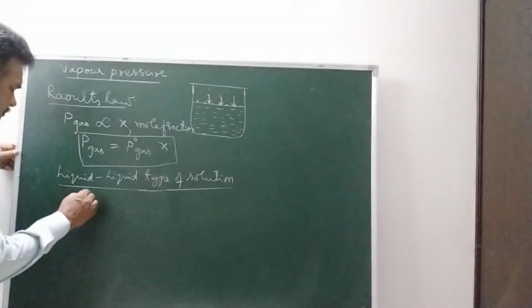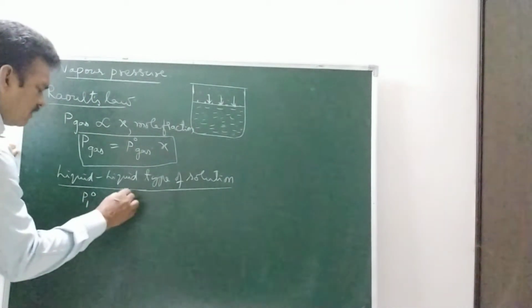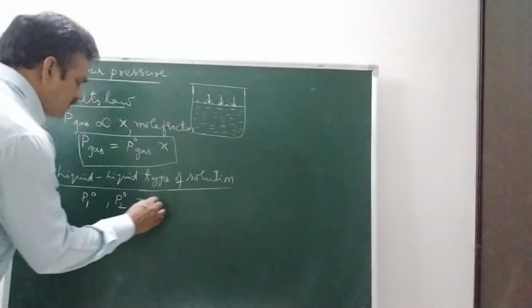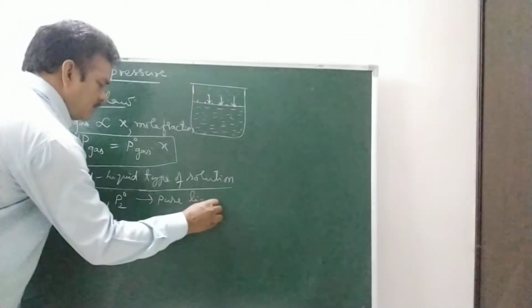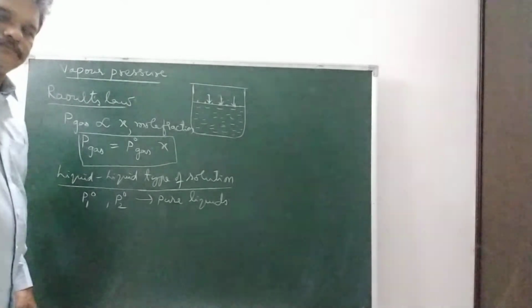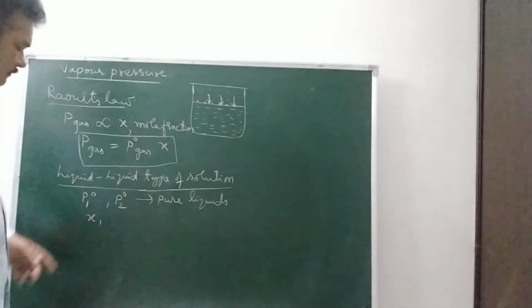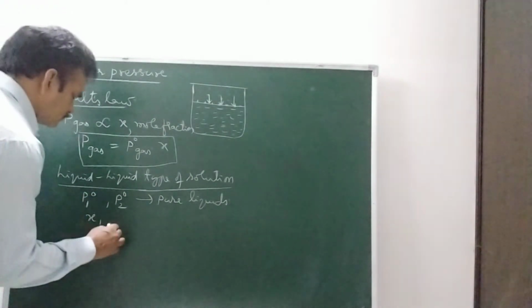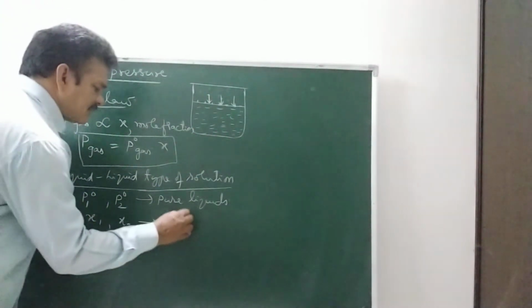Let P1 naught and P2 naught be the vapor pressures of the pure liquids, and let X1 be the mole fraction of the first liquid and X2 the mole fraction of the second liquid.